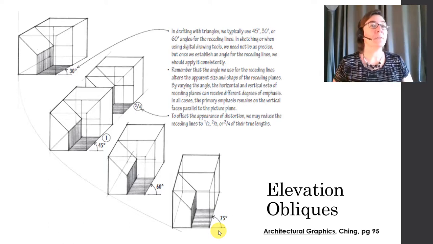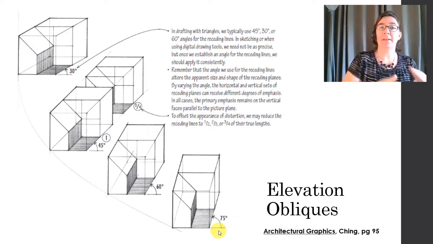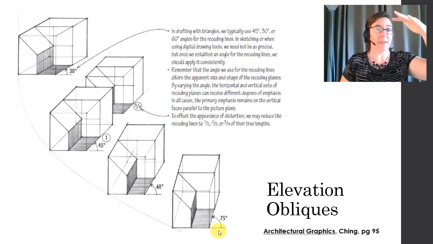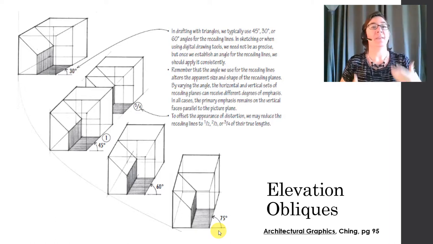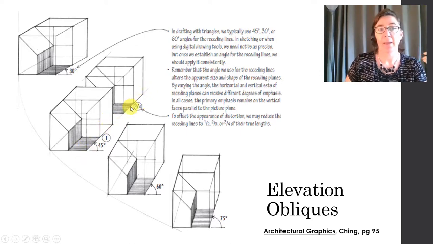Next, you can also use some foreshortening techniques to adjust for any kind of length distortion. In the plan obliques, we scaled the vertical dimension. In the elevation obliques, you're going to scale that depth dimension instead. Here's an illustration of this object at 1 or 100%, and here it is at 3/4.